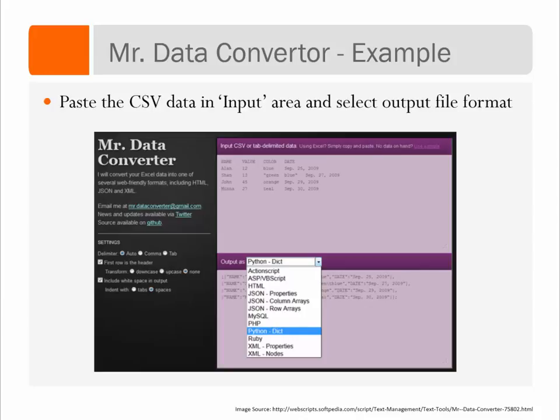After we select that, it will convert the data from the input file into an output file in the format that we requested. So that's fairly handy. It's very quick and efficient as long as the file formats that you want to convert from and to are supported here.